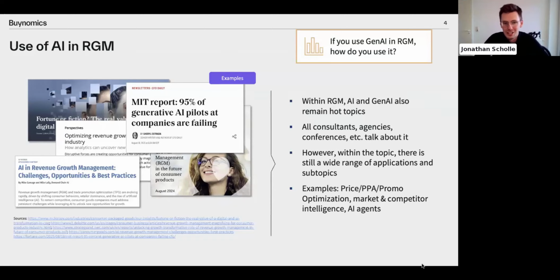And for everybody joining by phone, let me read the question real quick. If you use GenAI in RGM, how do you use it? And we have the answer options: to interact with an RGM solution tool via LLM, to interpret results or analyze data, for research and ideation purposes, for all of the above. And then other, if you have something, please specify this really quick in the comments, and then don't use GenAI and not answering.